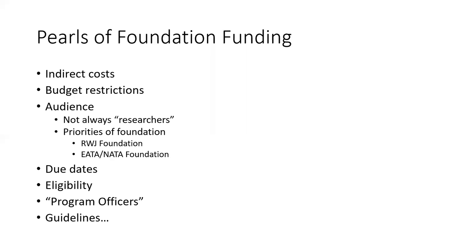So Ken and I have been serving on the EATA Research Committee, being in charge of the grants, and I can tell you, we're going to have 3 different due dates in a matter of 2 years, and that's just because we're trying to change our cycle to align better with the academic calendar. So you really need to be on the lookout and keep a close eye on that.